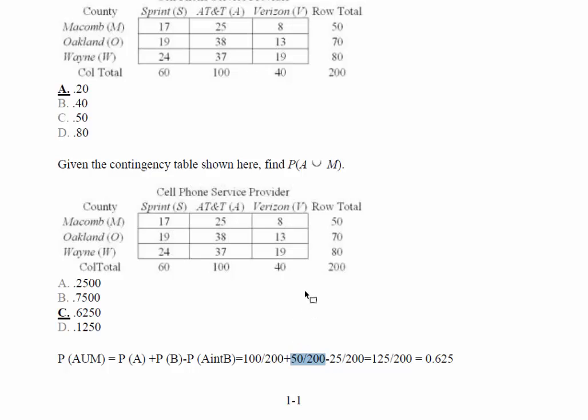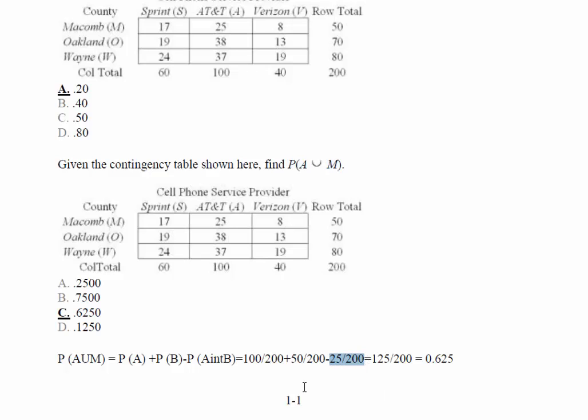And what is the intersection of A and M? I used B here, it should be A and M. That is people using AT&T from Macomb County, 25 of them. So 25 out of 200.